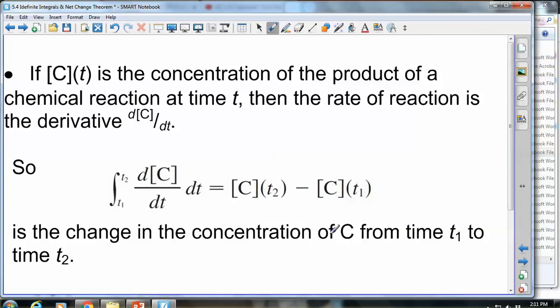If C is our concentration of the product of a chemical reaction at time t, the rate of the reaction would be your derivative. So if I asked you to integrate that rate of reaction and I gave you a definite interval, then what you're finding is the change in concentration between those two times.